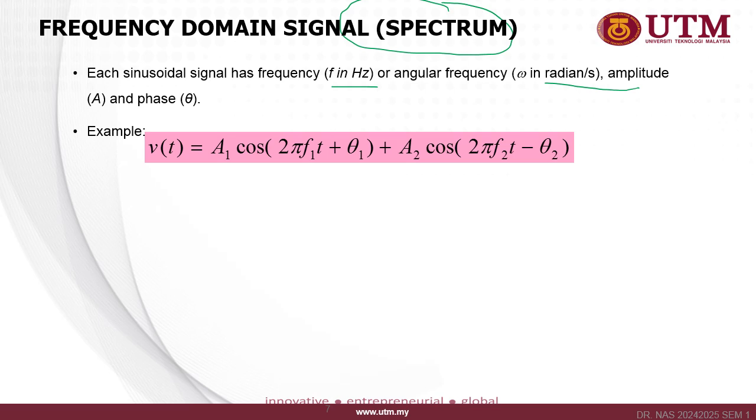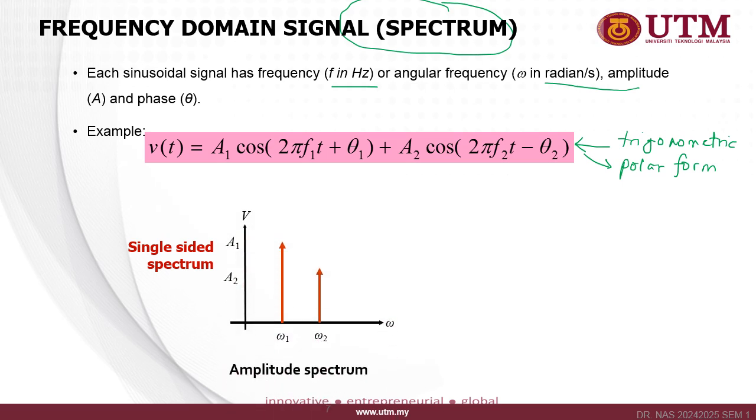So for example, if you have this equation for v(t), how do you plot a single-sided spectrum? This equation is also known as the trigonometric function, or polar form. When you have a sine or cosine function in an equation, it is called trigonometric or polar form.